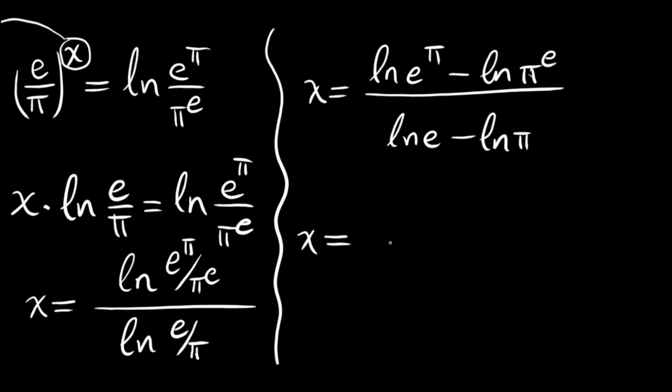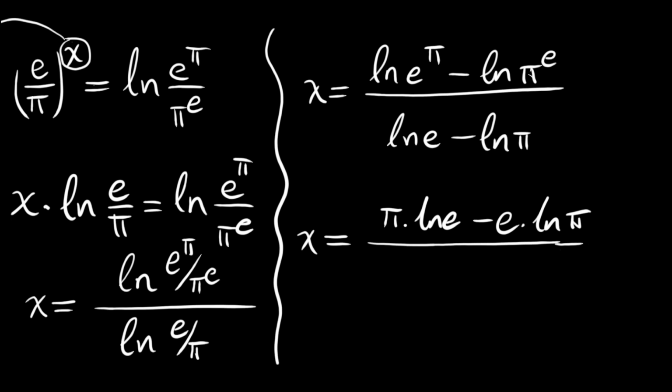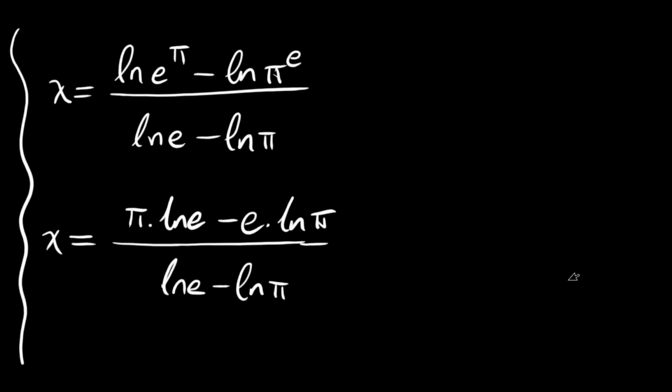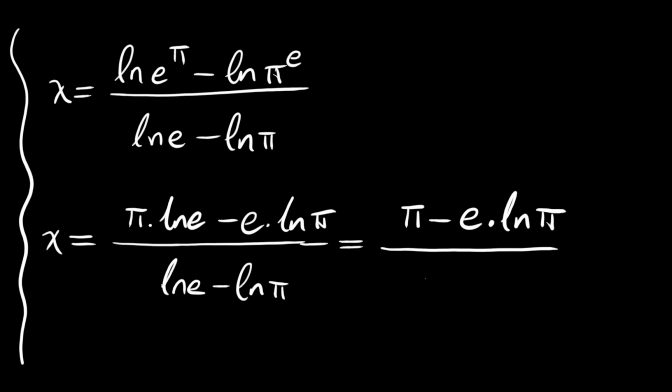Again, simplifying, we can write pi times ln e minus e times ln pi, and here again we have ln e minus ln pi. So ln e is equal to 1. This becomes pi minus e times ln pi divided by 1 minus ln pi.